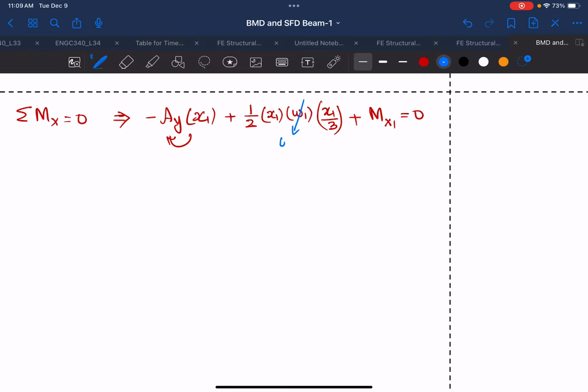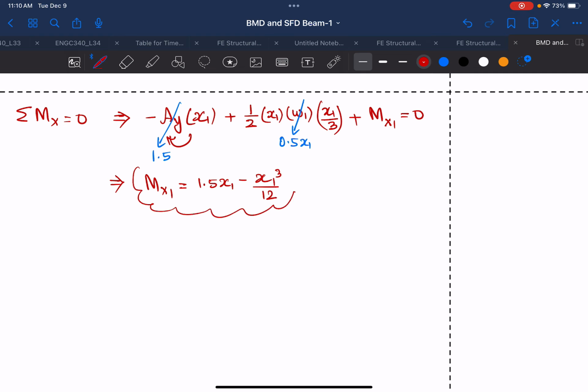And W1 we already have is 0.5 x1, and Ay will be 1.5. So if you put all the values together, your Mx1 will be equal to 1.5 x1 minus x1 cube divided by 12. So this is your moment equation from A to B.